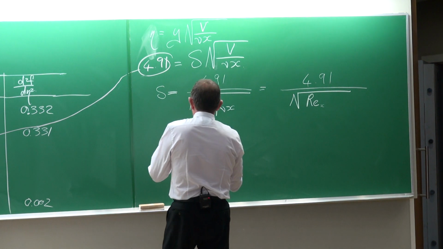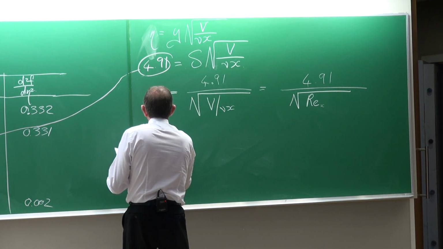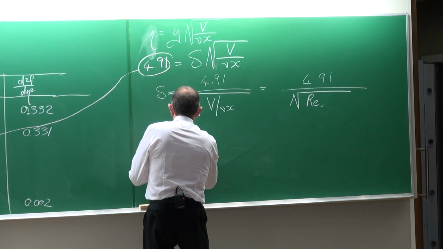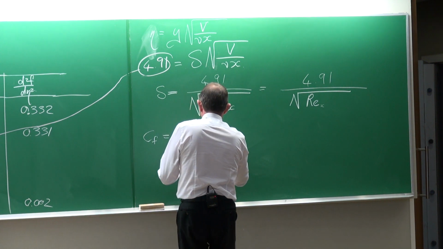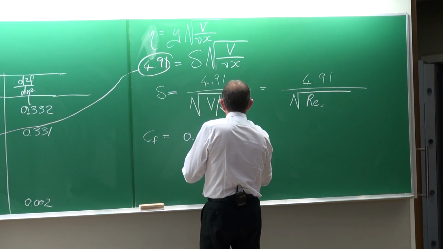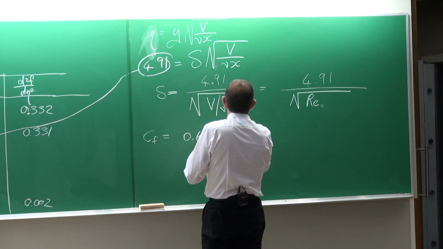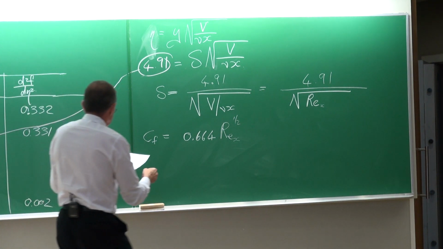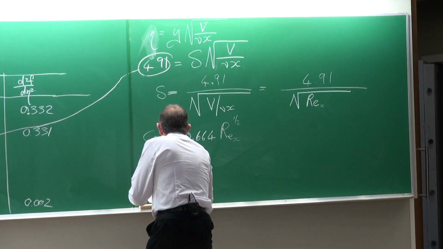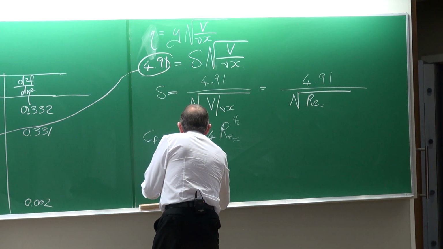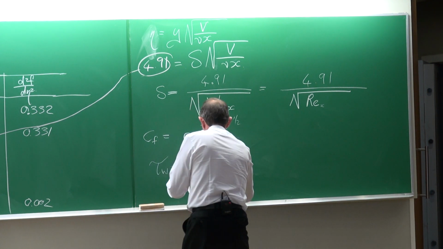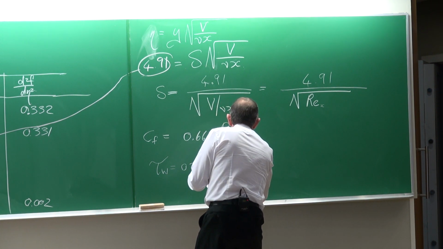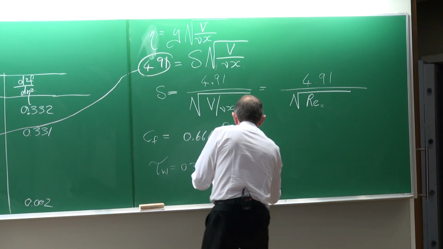You can use this to go and calculate the skin friction coefficient for a flat plate. CF is equal to 0.664 Reynolds x to the power of a half, and the shear stress as 0.332 multiplied by the density, viscosity, velocity divided by x.